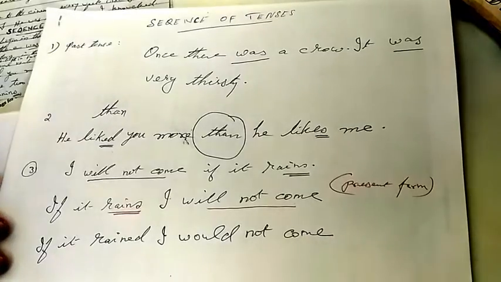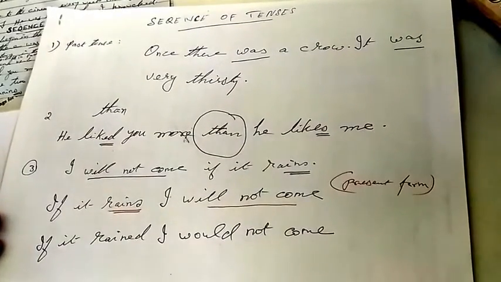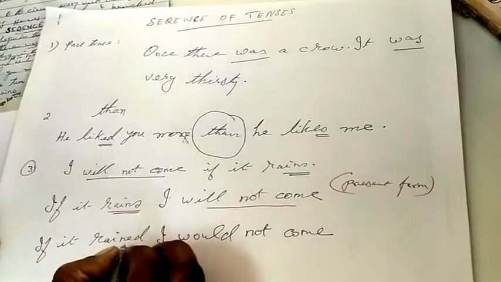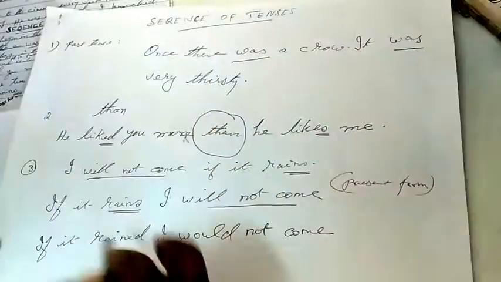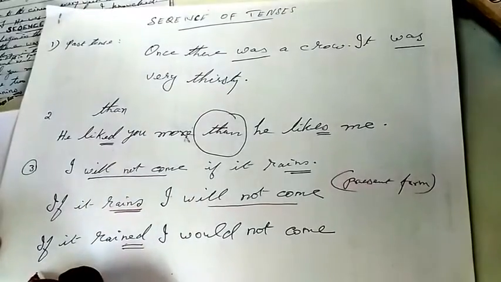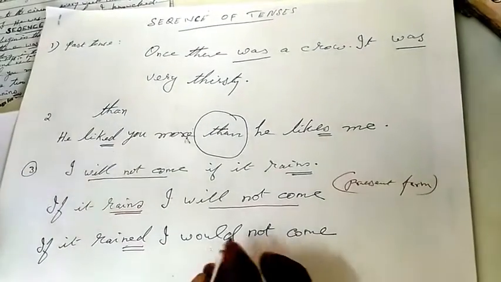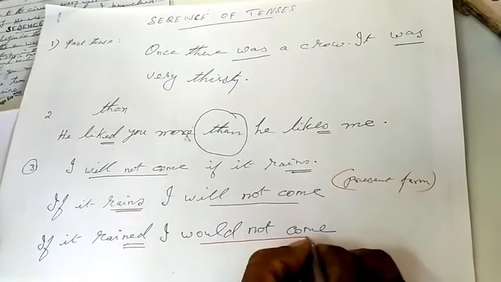Even though I would prefer, I would not have come. If it rained, I would not come. Here I used past tense, rained, and I am not changing the future, but I am putting the future in its past form.